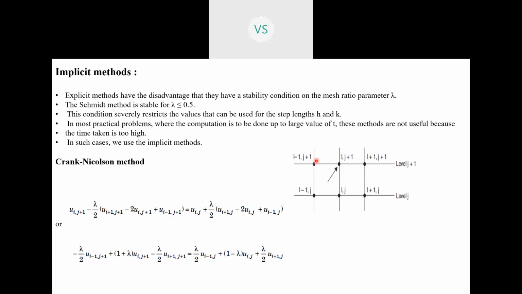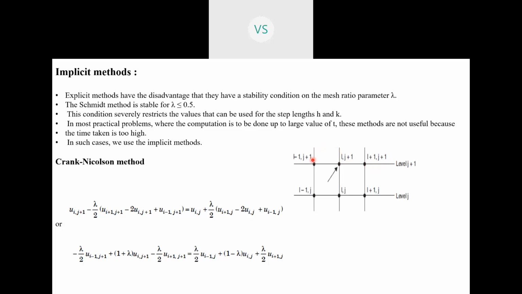Okay, how are we writing the formula? First we want to find u(i, j+1), that we write over here, u(i, j+1) minus lambda by 2, which we take outside. What we write in this bracket is the right term, minus 2 into the middle term, plus the left term.